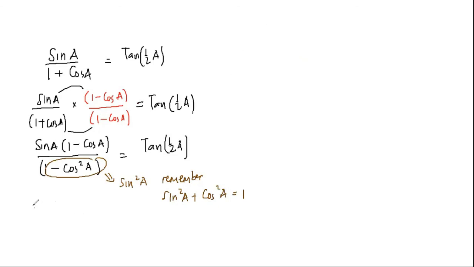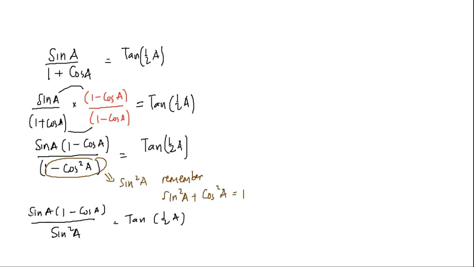Next, sine A times 1 minus cosine A over sine square A equal tangent a half A, correct?